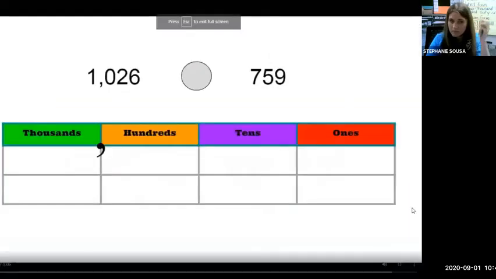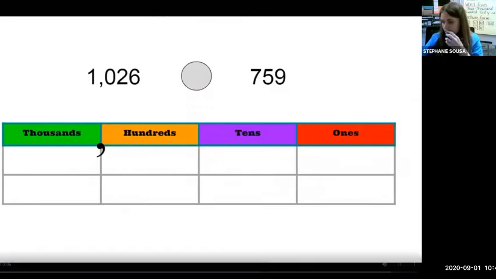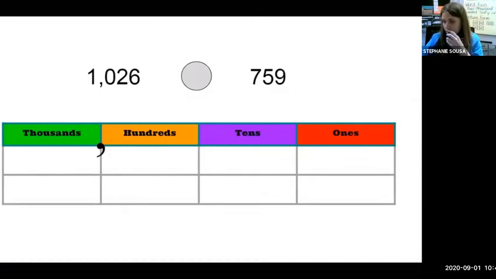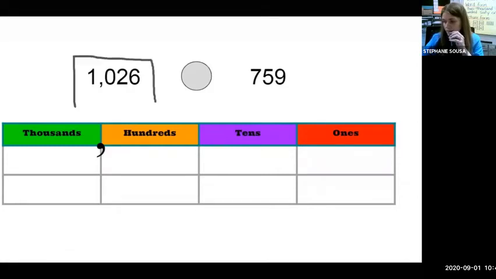Okay, in this example, you can see that we have two different numbers, and each of the numbers has a different number of digits. This first number here, in this green color, you can see we have 4 digits in this number.